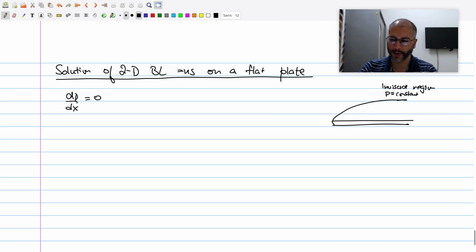Now, of course, we can have situations where instead of a plate we have a curved geometry, let's say the front surface of a car. In that case, because of the curvature, the pressure will start to vary, and then dP by dx is not 0. We will consider those situations, not mathematically, but by looking at the nature or behavior of the solution, but that will be in the lecture tomorrow.